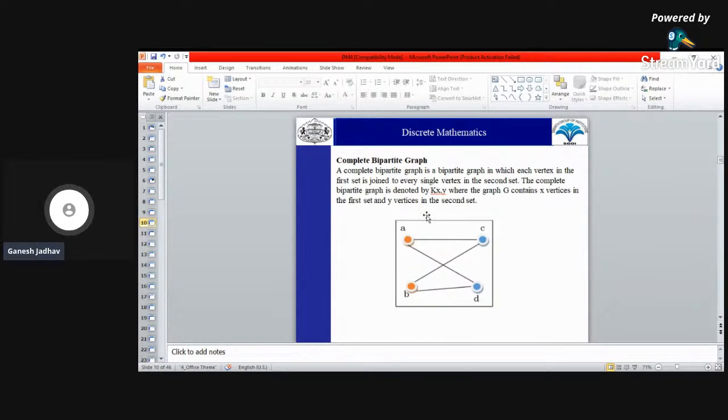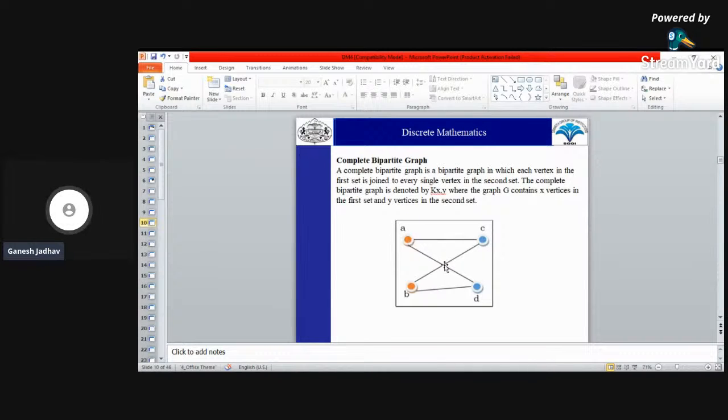But in the complete bipartite graph, you can see A is connected with D and C, but not with B, and B is also connected with C and D. This is the complete connection. Now A and B are one set, and C and D are the other set.